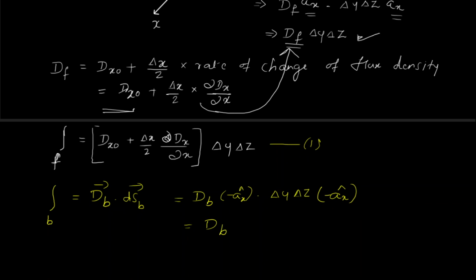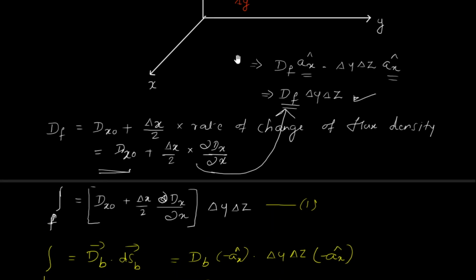So I get this as dB delta y delta z. Again I have to evaluate dB. So how to evaluate dB? dB will be equal to the initial flux at point P in the x direction plus the rate of change of flux density multiplied by the distance. But again, you have to be very careful here.